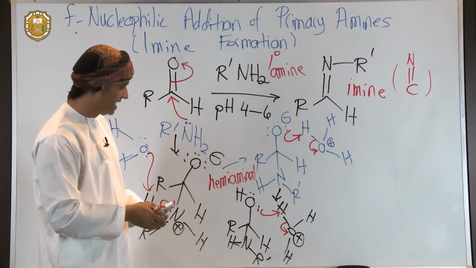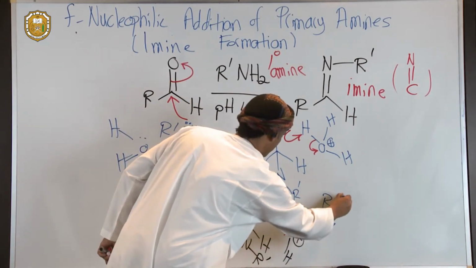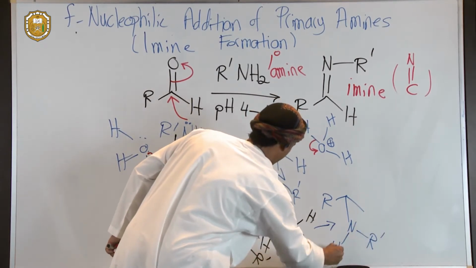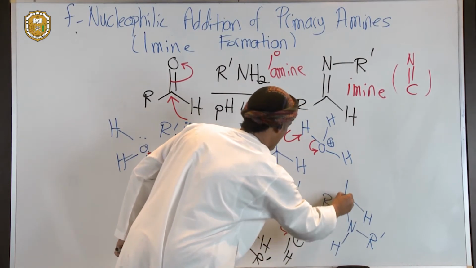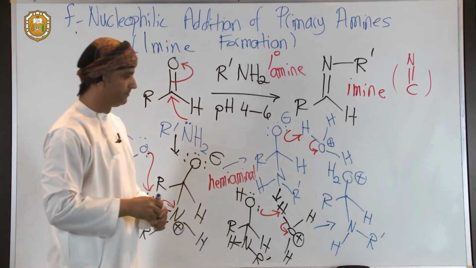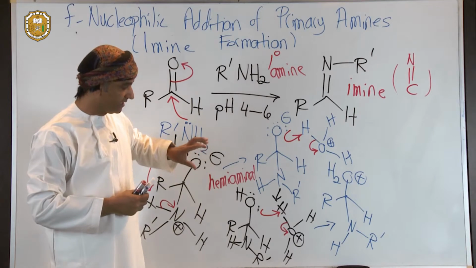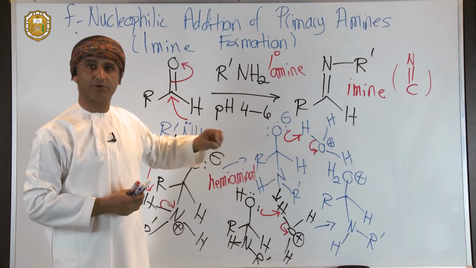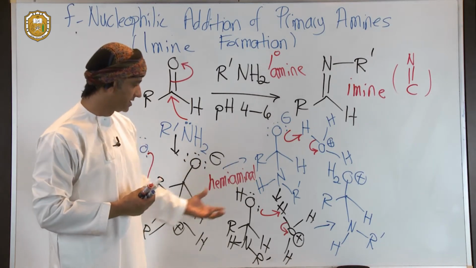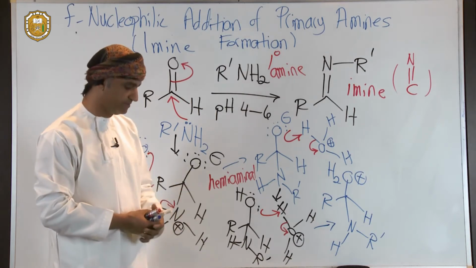If that protonation takes place, we get this intermediate now, where we have OH2 and a positive charge on oxygen. Now this sets the stage for the elimination of water, because water is an excellent leaving group as a result of this protonation of the hemiaminal by the hydronium ion.